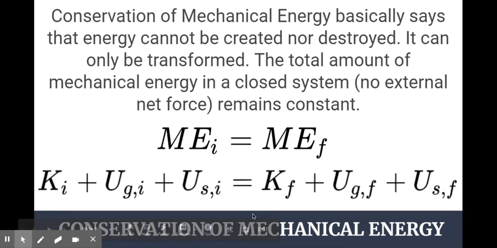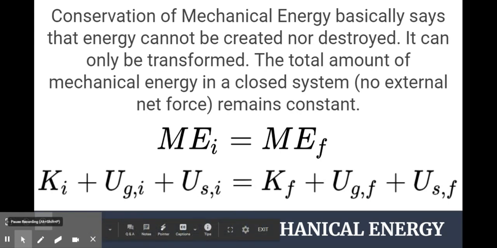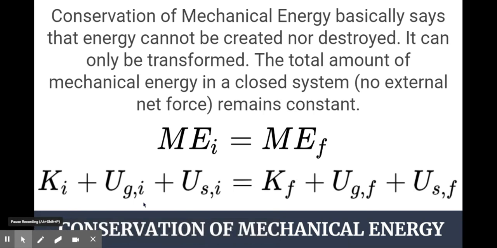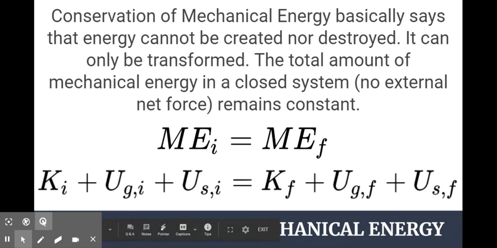So conservation of mechanical energy basically says you cannot create energy, you cannot destroy energy. You can only change its type of energy. So the total amount of mechanical energy in a closed system is going to stay the same. A closed system means that there's no external net force influencing or affecting our system.